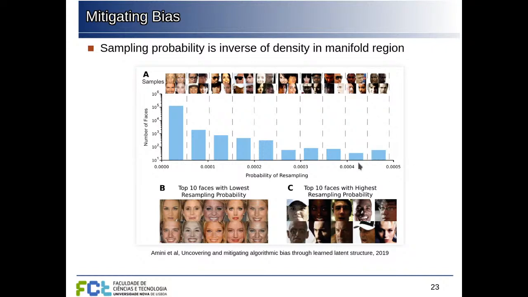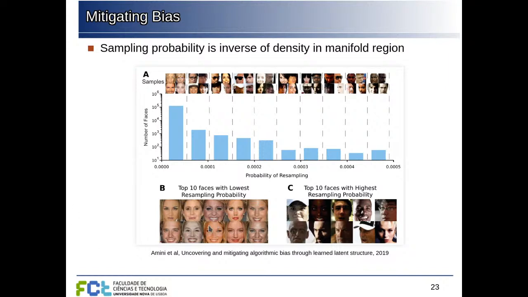There are some parameters that we can adjust, a debiasing weight there, but the idea is this: if images fall into less tightly packed or less dense regions of the manifold representation, of that manifold of the latent space representation, then they get a higher probability of being selected for training.